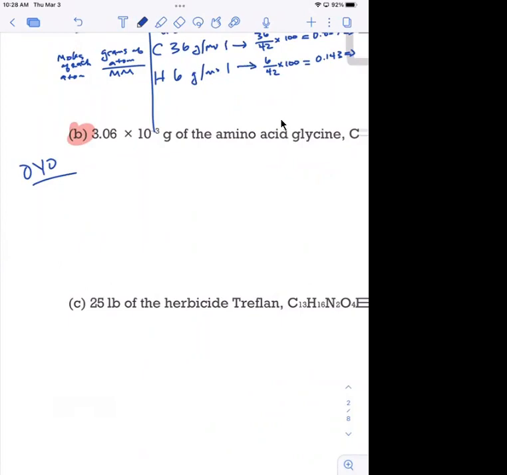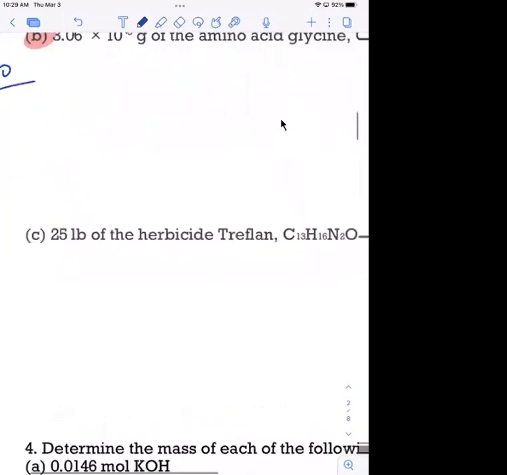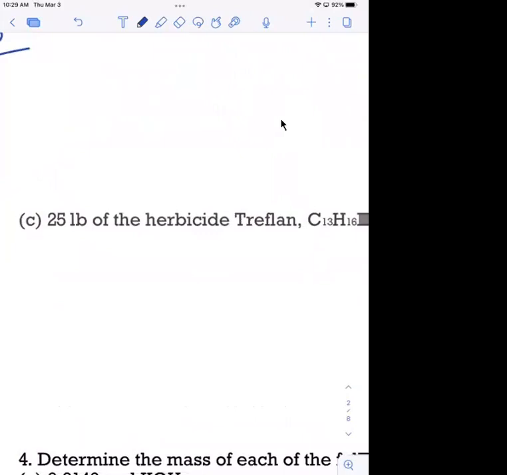And actually what we're going to do for the next question is find the percentages, and then just take each percentage times the total number of moles. So let's do that. We have 25 pounds of treflin.